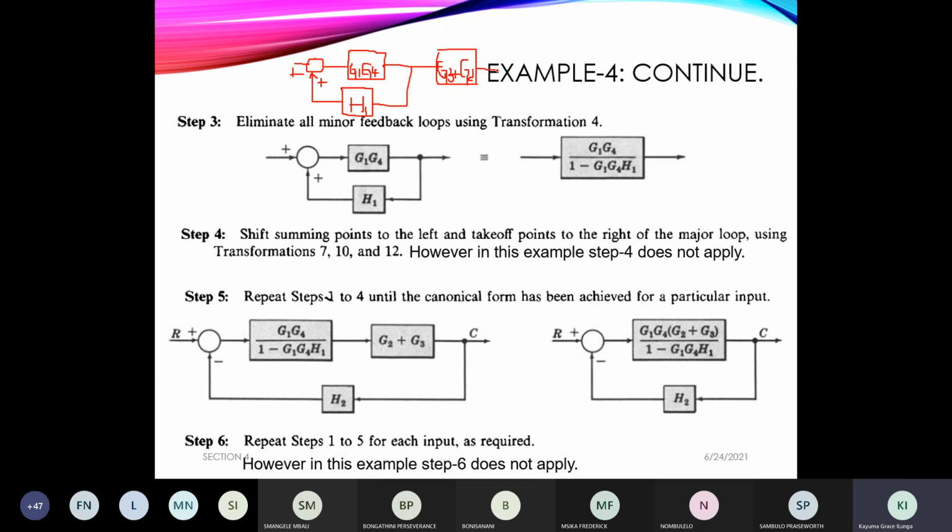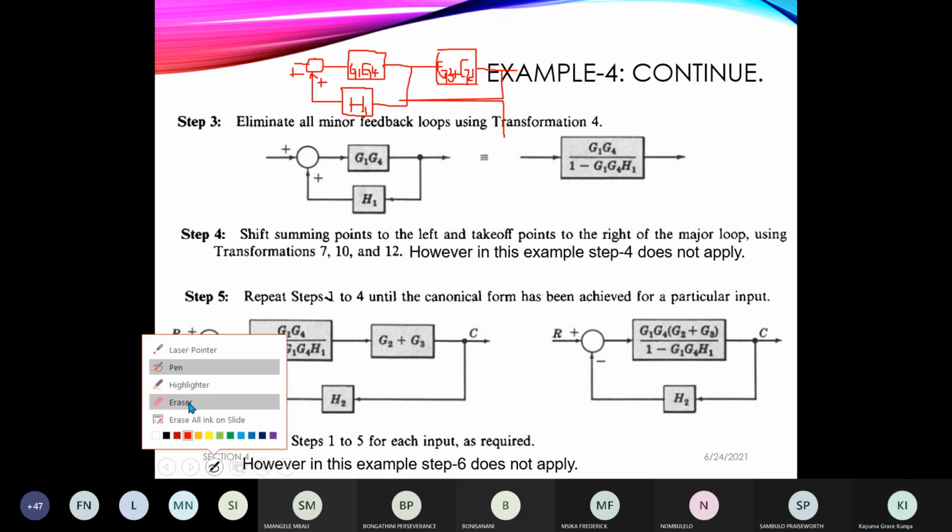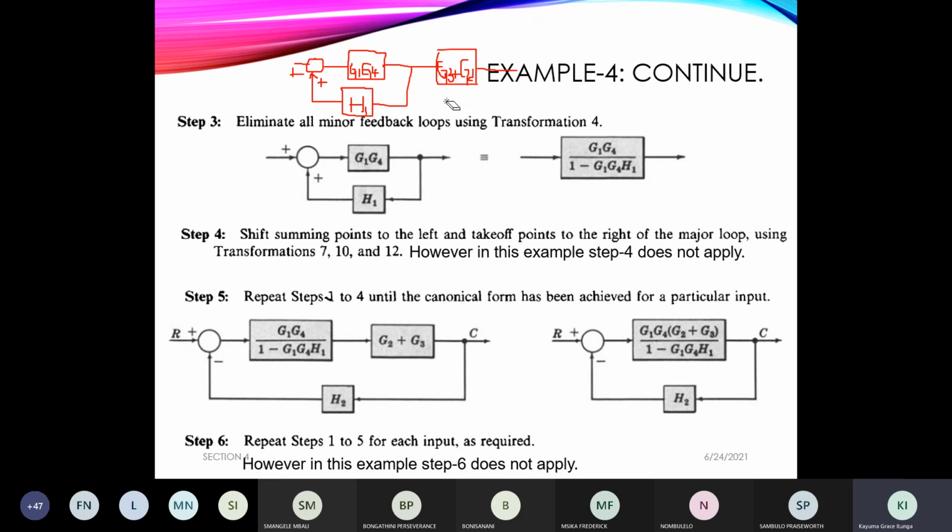Then we have the second, I think we have the second feedback, which is this one. Let me go back and see what it was. H2.